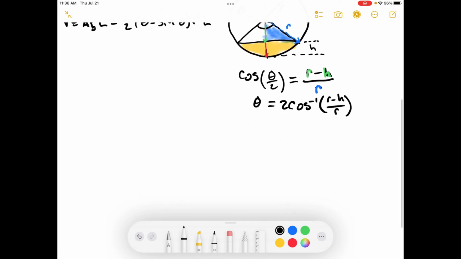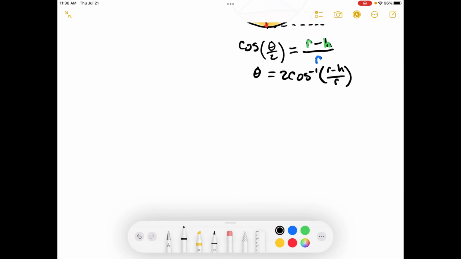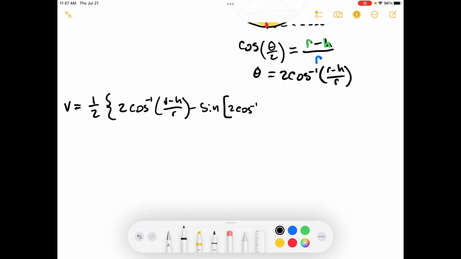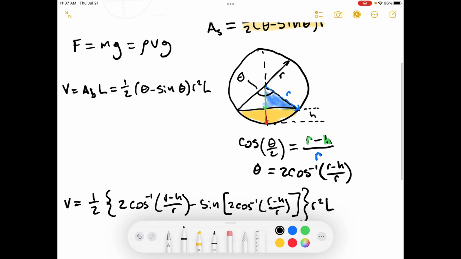So then let's give ourselves a little more room here and substitute in our expression for theta and say the volume is equal to 1/2 [2 cosine inverse of (r minus h) over r, minus sine of 2 cosine inverse of (r minus h) over r], and then close all that up, r squared L. And remember we're solving for the force here.